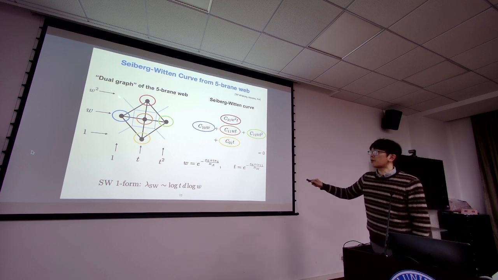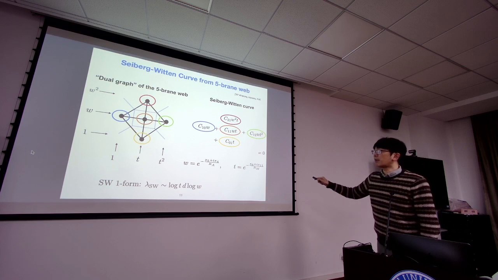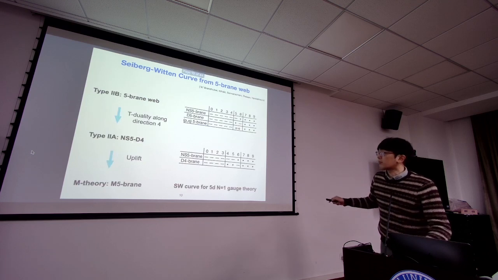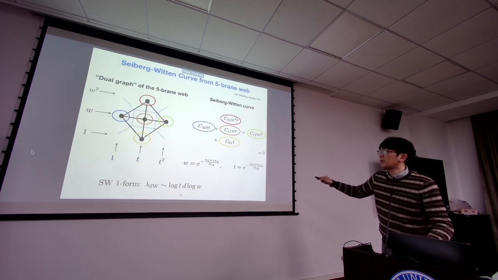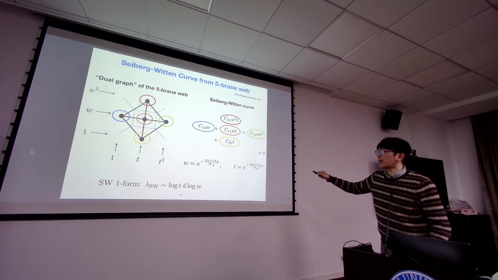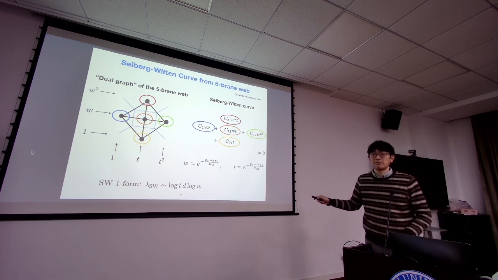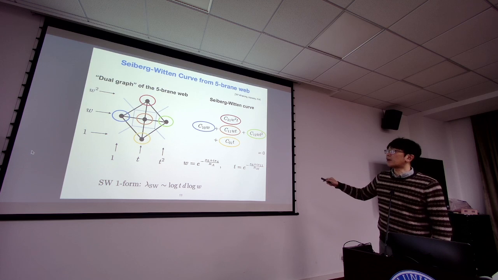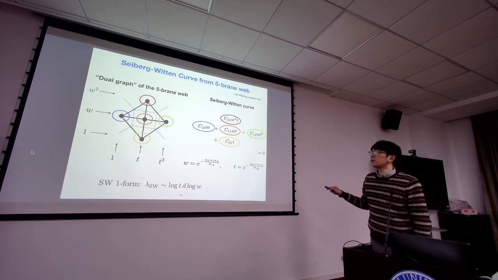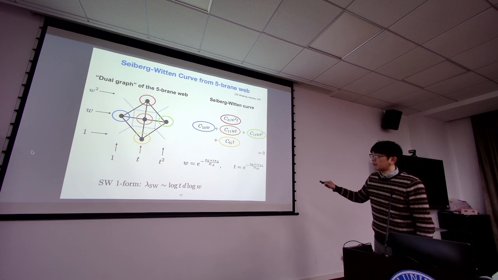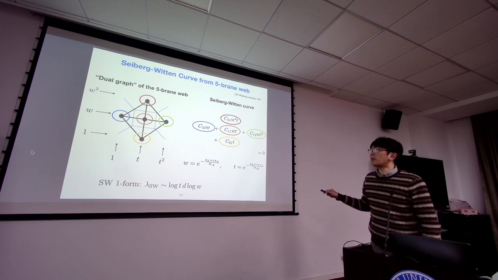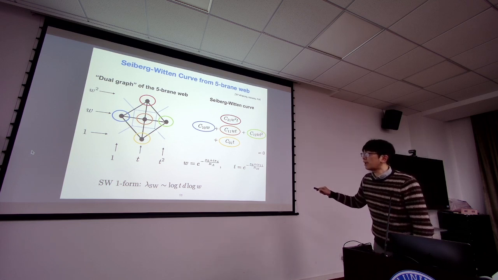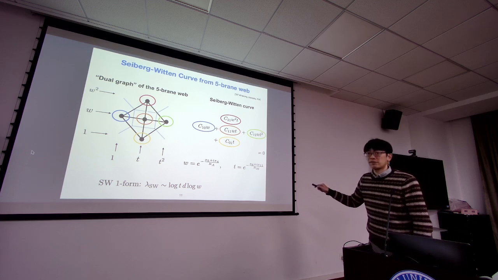So the original 5-brane web is written in this light gray color. We start from this web, and the dual graph is given by this black shape, which is obtained by corresponding this original face to a dot, a vertex.